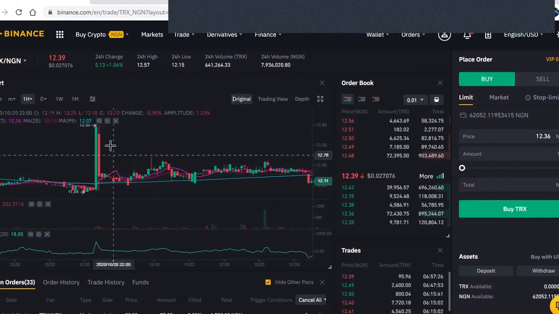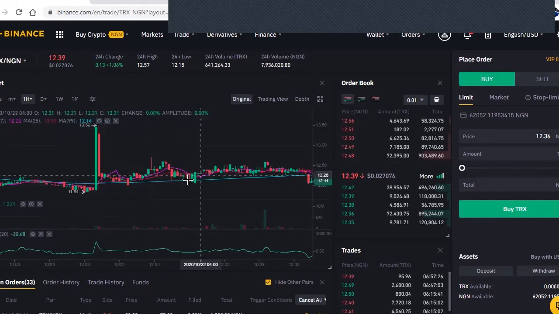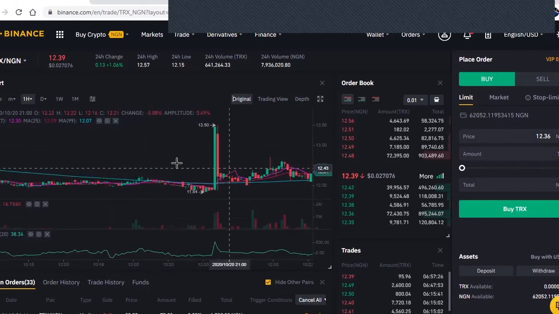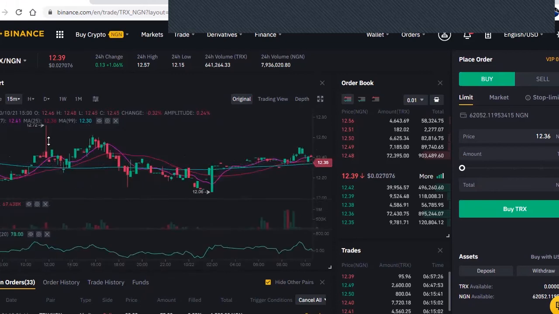So this is another wick. Okay, let me go on 15 minutes. Okay, so like I said, this is the wick. This is the body. Okay, I'm on the 15 minutes chart now.